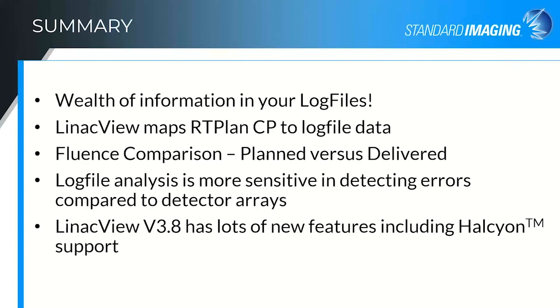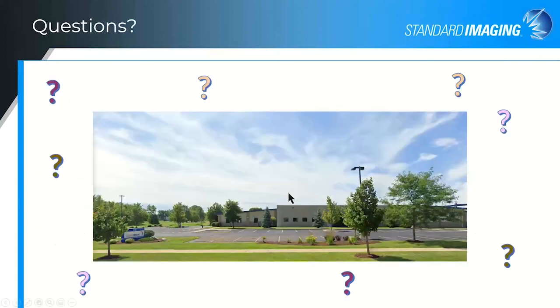Other machine parameter specific alerts can be used, such as leaf RMS failure. Comprehensive analysis tools are available when needed. Also, log file analysis is more sensitive in detecting fluence-based errors compared to detector arrays. And LinacView supports Varian Halcyon along with a lot of other additional new features.